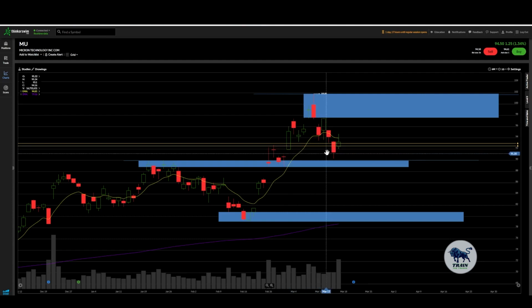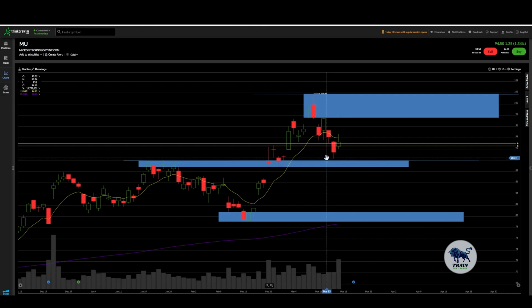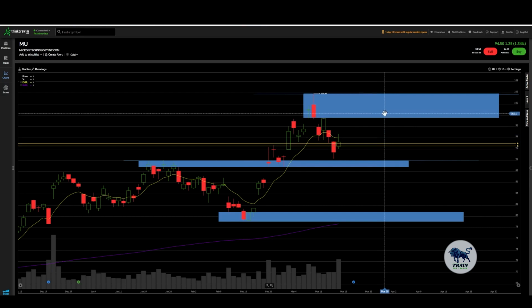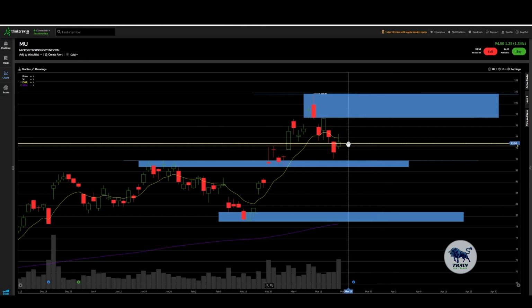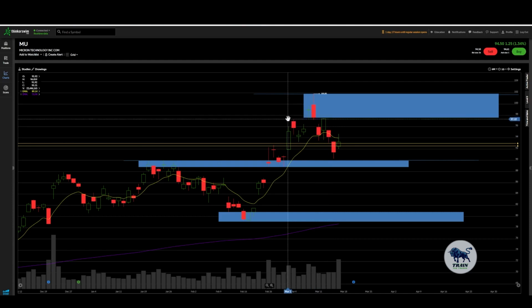So I placed a call on this day here, and I'm currently in that trade, and I am up. Not by much, but we're up, and my expiration isn't until March 28th. So this time, my expectation, just like in that Microsoft play, is that if it continues to the upside, we can reclaim this 9 EMA right here. If it continues to the upside, then we're going to go challenge this supply zone.